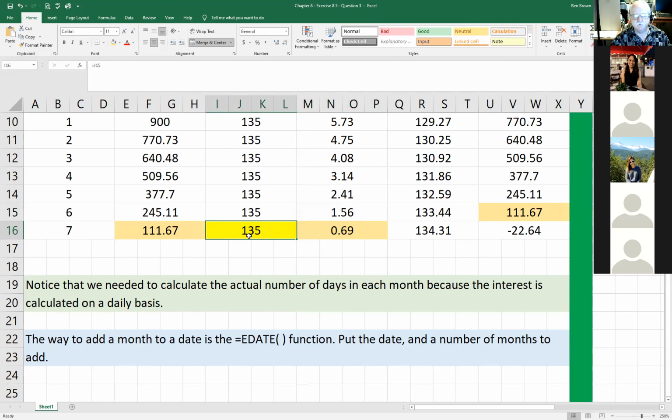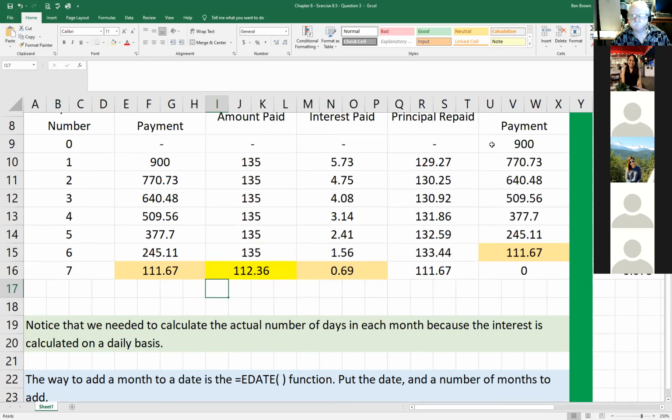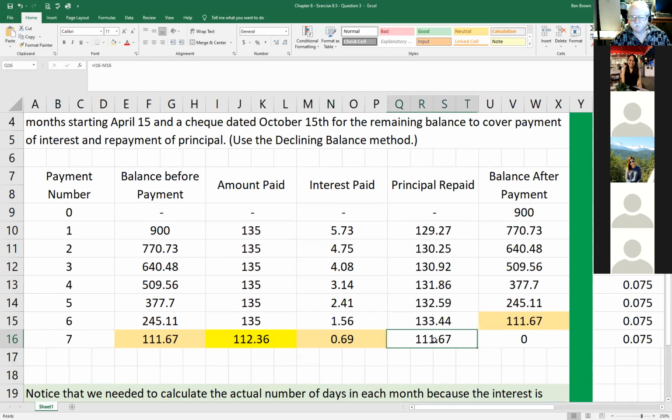So this column here, instead of making it equal to this, we're going to make it equal to this plus this. And when we do that, suddenly we see that the principal being repaid is this amount, and the bank takes its 69 cents interest, and the balance now comes down to zero.